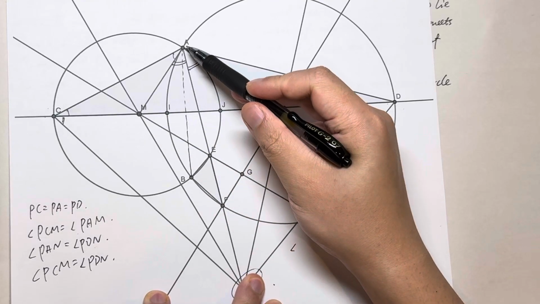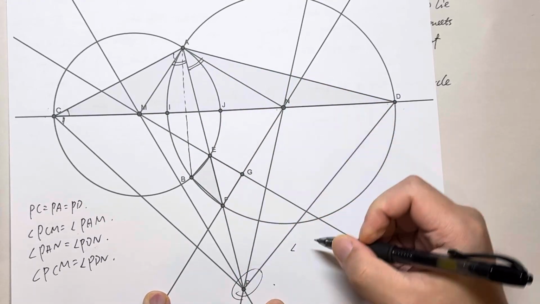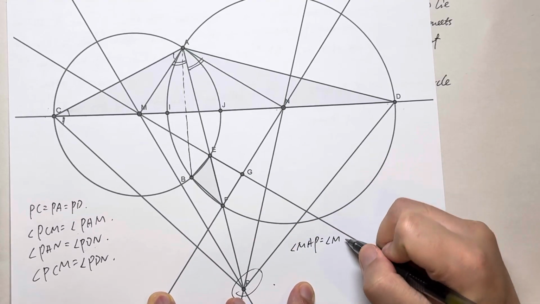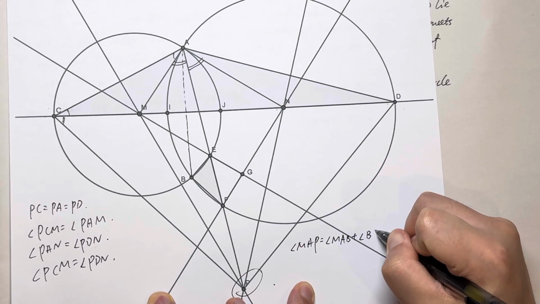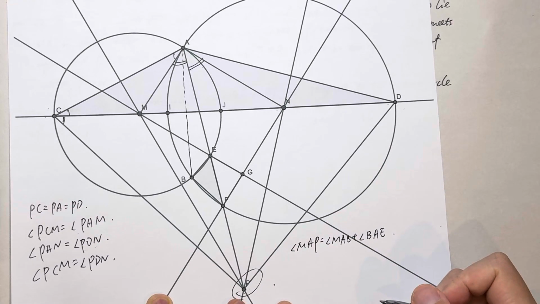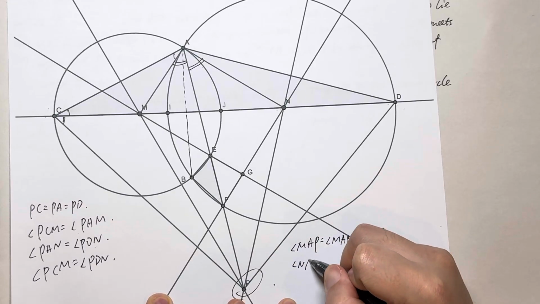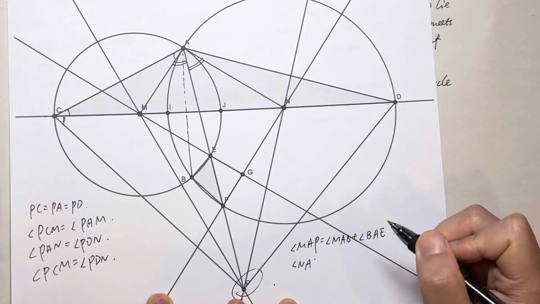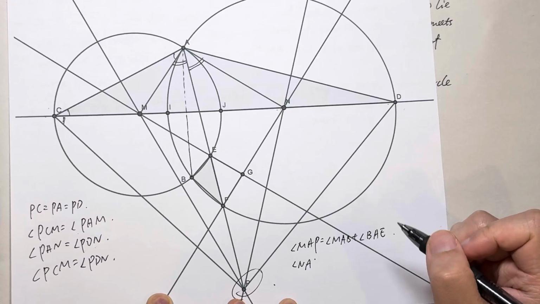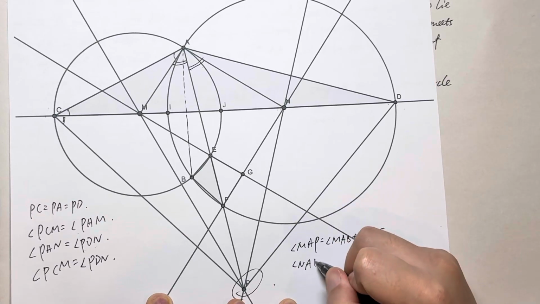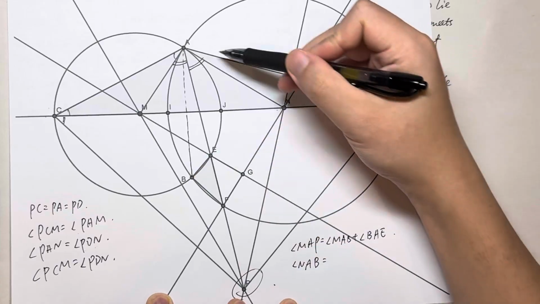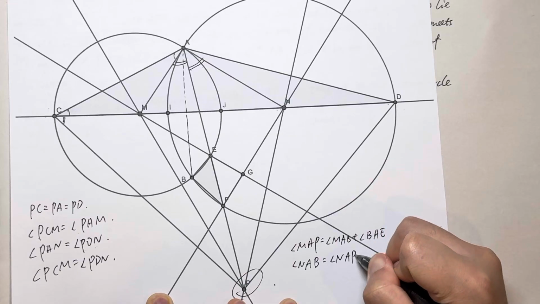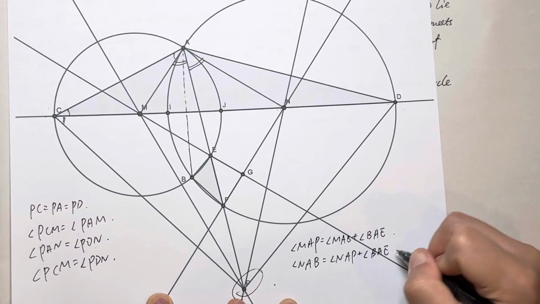The angle MAP equals angle MAB plus angle BAE, right? And angle NAB equals angle NAP plus angle BAE, right?